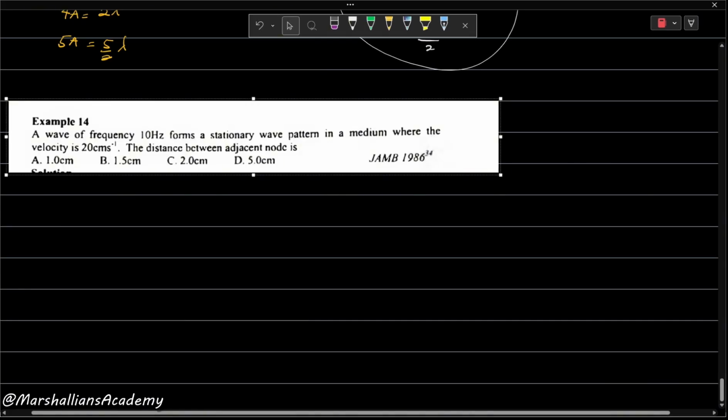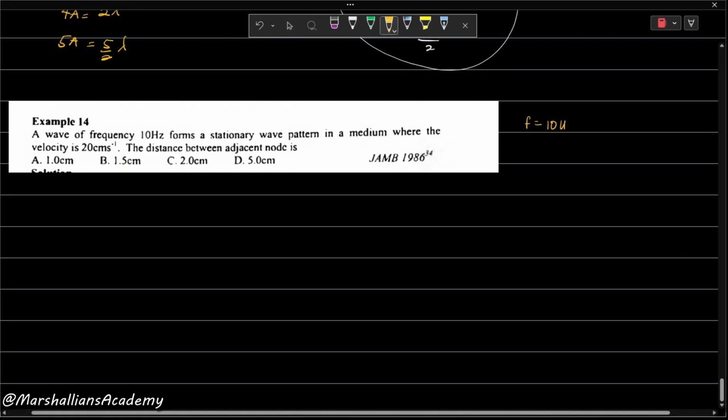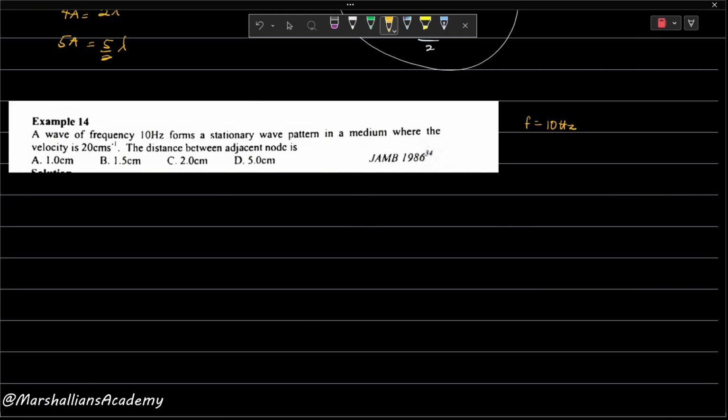A wave of frequency 10 hertz. So they've given us the frequency in the question. They say frequency is equal to 10 hertz. It forms a stationary wave pattern in a medium where the velocity is 20 centimeters per second.